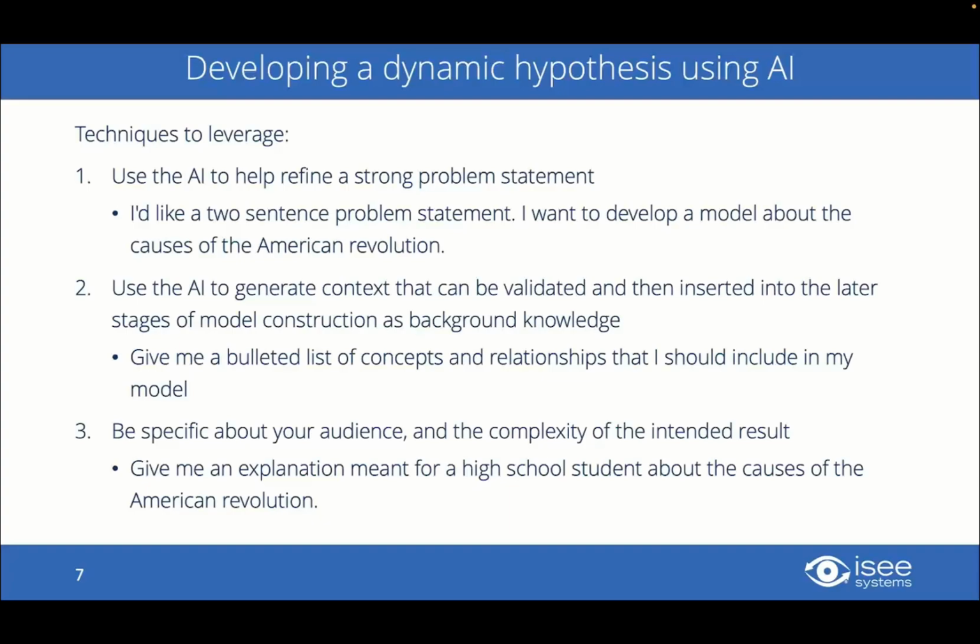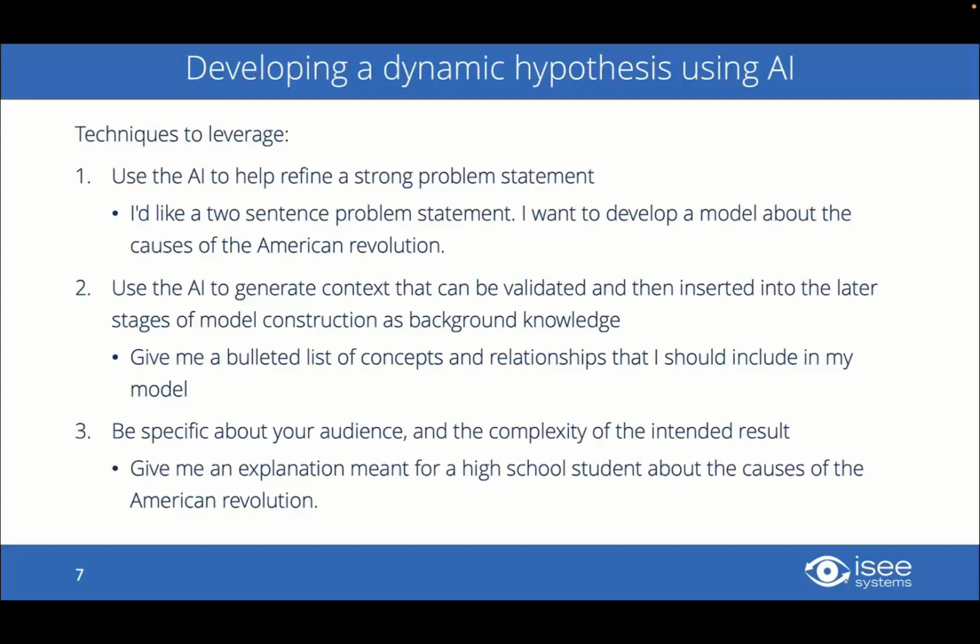Next, another important technique is to use the AI to generate context that can be validated and then inserted into the later stages of model construction as background knowledge. For instance, give me a bulleted list of concepts and relationships that I should include in my model. So these tools work best when you use them to transform information from one format to another. You don't really want to rely on the LLM, the large language model, the AI system, as the progenitor of knowledge.